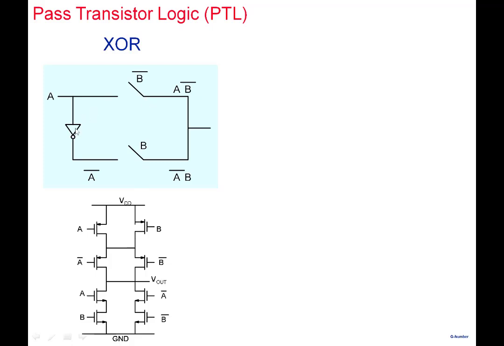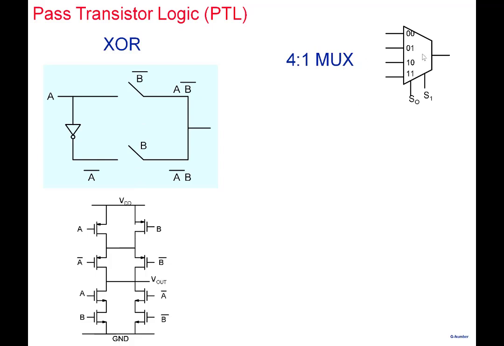If we assume that A and A bar are available, like we are assuming here, then I don't really require an inverter. Again, a two-switch implementation of an XOR gate, versus this one. You can verify A B. Looks very attractive: a two-switch implementation of an XOR gate.